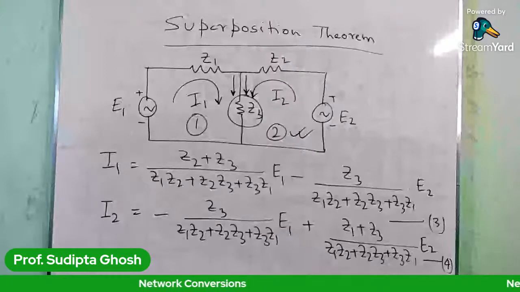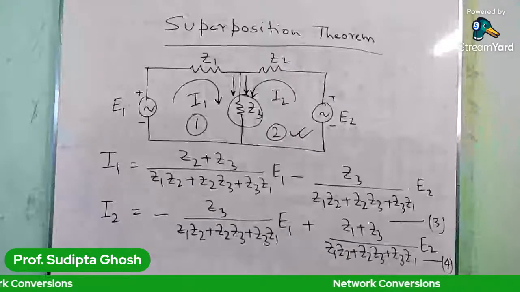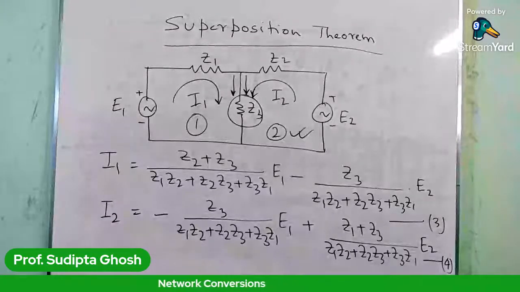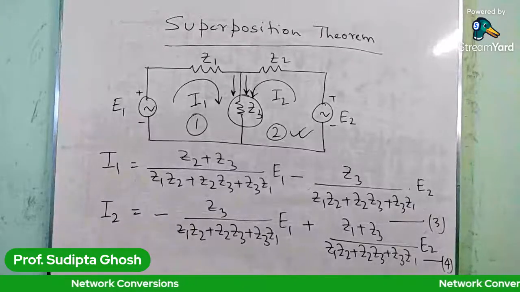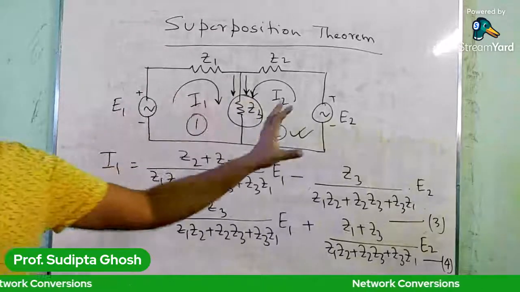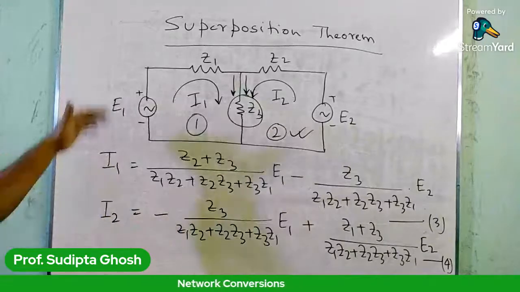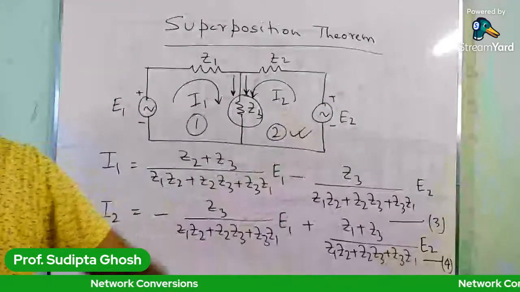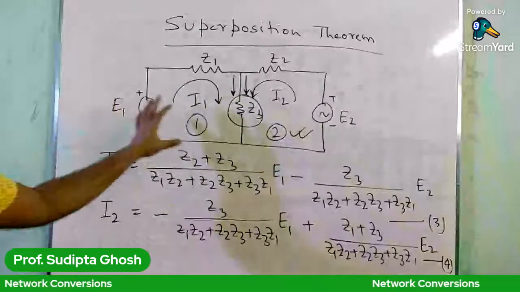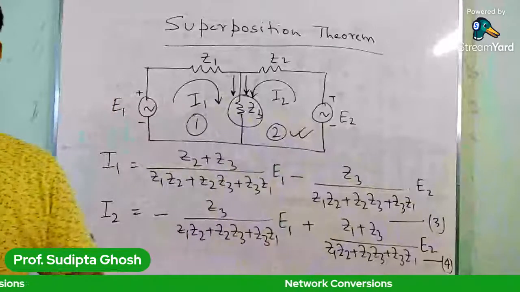Now let's move on to removing each generator. Now in this figure we are going to apply the superposition theorem, and by applying it we have to find out the values of I1 and I2.